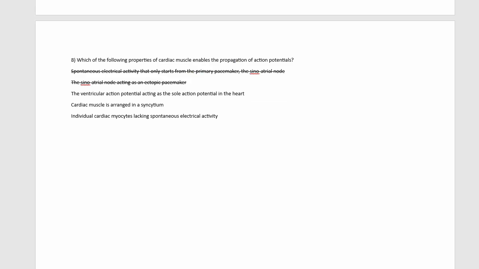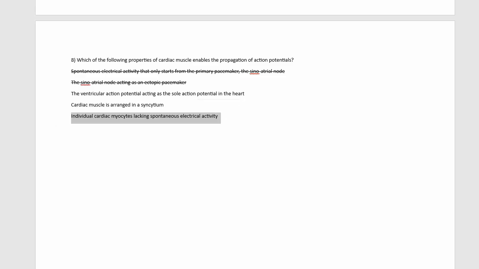Okay, the ventricular action potential as the sole action potential of the heart. This is also incorrect because there are 2 types of action potentials in the heart: the sinoatrial and the ventricular action potentials. And number 5 is also incorrect because even when isolated, cardiomyocytes have the ability to maintain that contractile functionality.